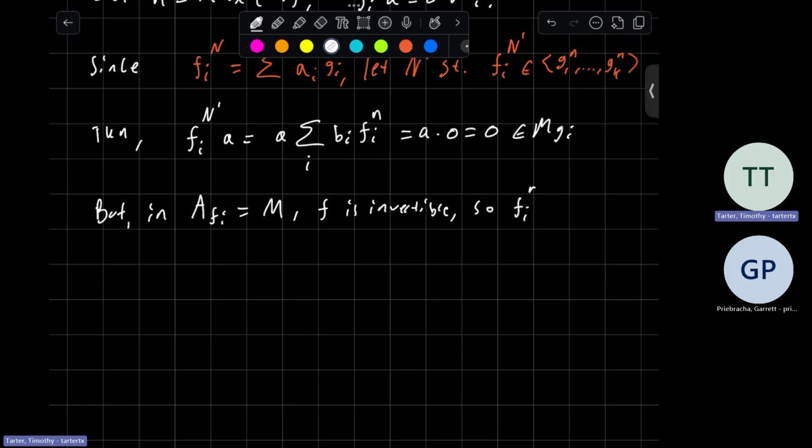So f_i to the N a equals 0 implies that a equals 0 since M is integral.